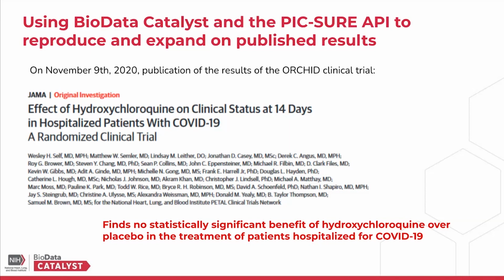So from a clinical trial perspective, it's a short time to set up a clinical trial, collect the results and publish it, a few months. So it was still early in the pandemic, and the question about what treatments work on COVID-19 and whether hydroxychloroquine works was still a very hot one. Next slide, please.